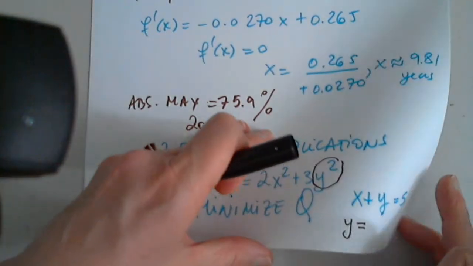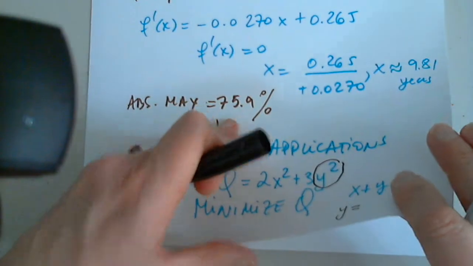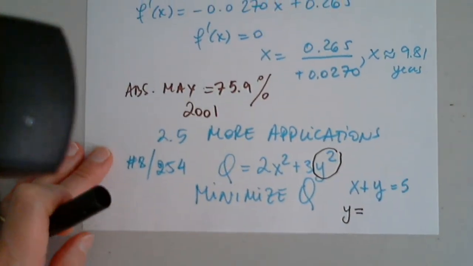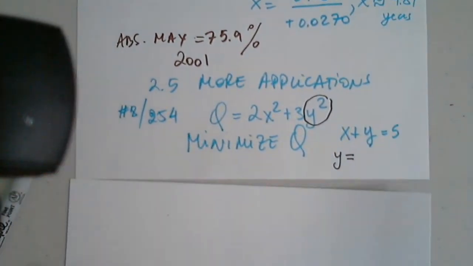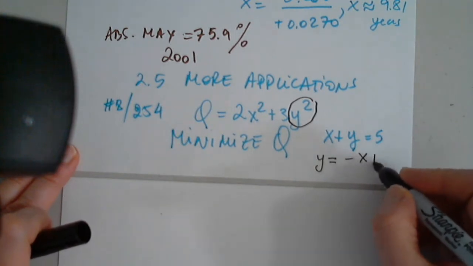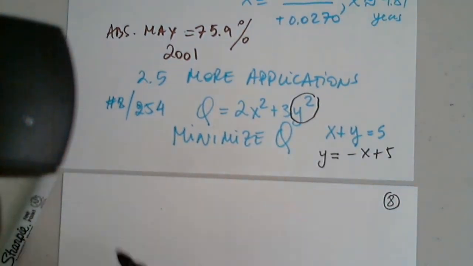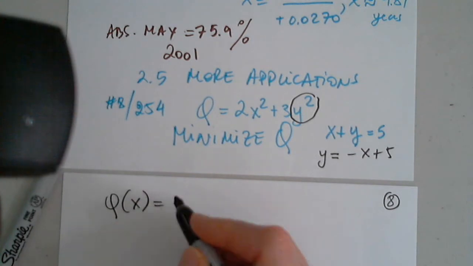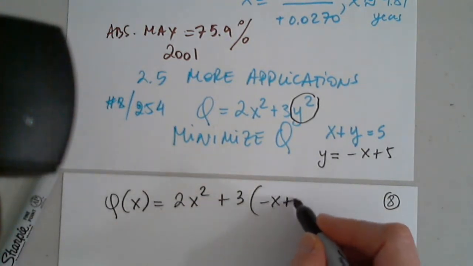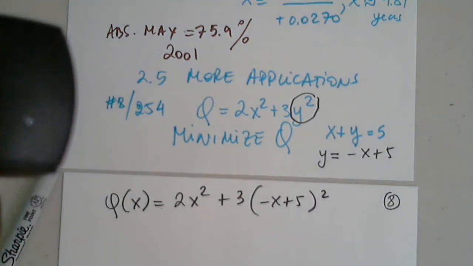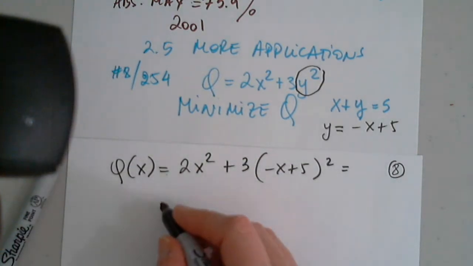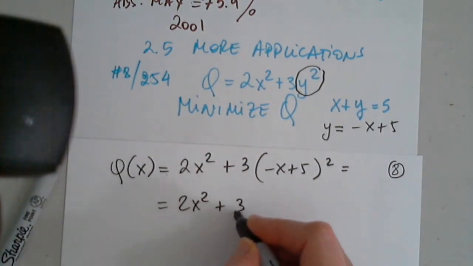Can anyone tell us how to solve this equation for y? Y equals? Y equals 5 minus x. Very good. Same thing. Awesome. So now I have q, which is indeed a function of x, as 2x squared plus 3, and in parentheses, negative x plus 5 squared. How many terms do we get when we square negative x plus 5? 3. Very good.